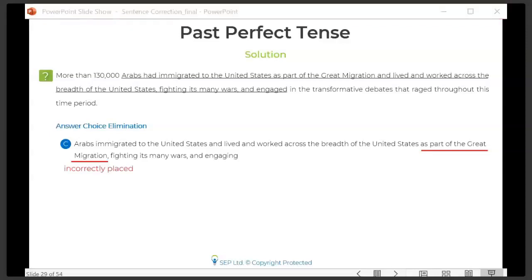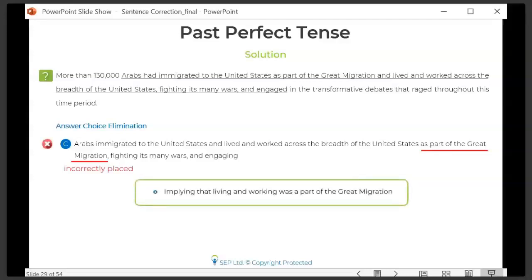So let me again ask the very small percent, those of you who marked choice C, are you clear why choice C is incorrect? Great, all of you are clear. All right, so let's move on from choice C. Choice C is incorrect, therefore.